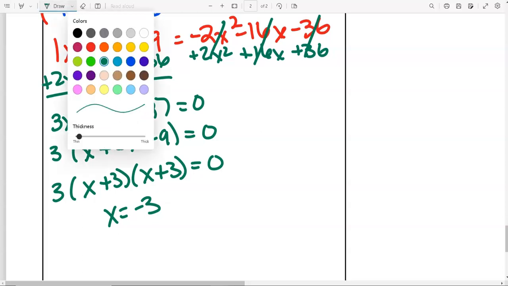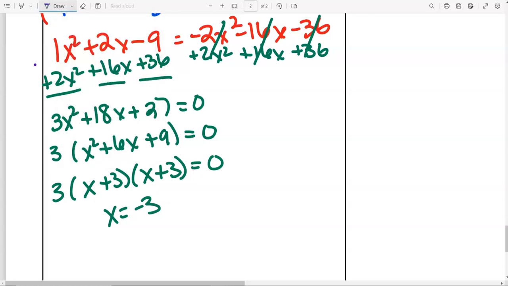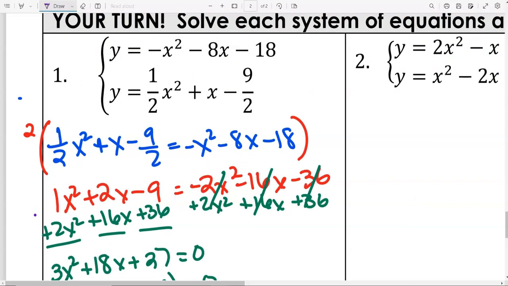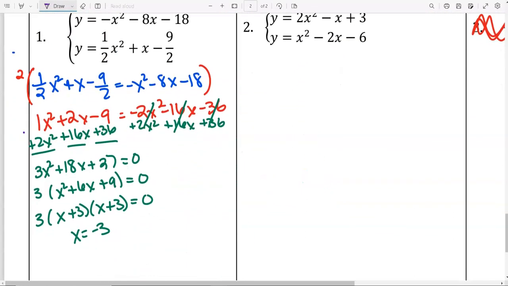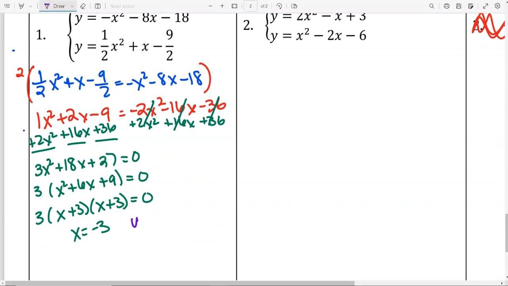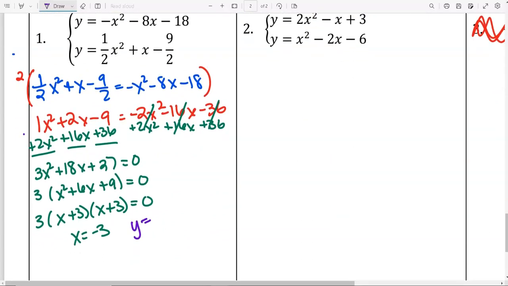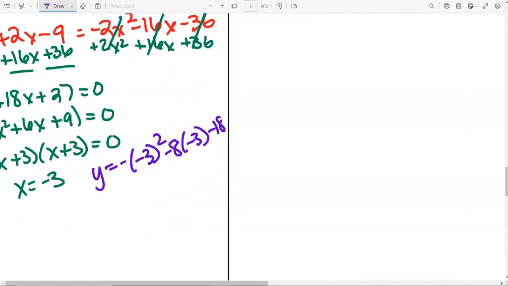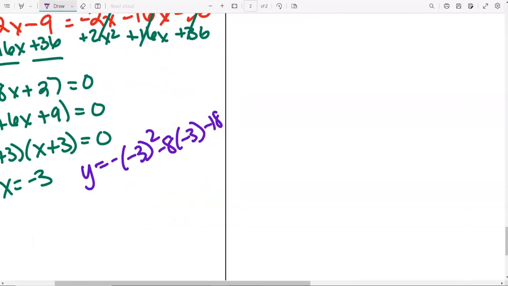We're going to take that and plug it into one of the original equations. How about the top one? So I'm going to plug it into y equals -3 squared minus 8 times -3 minus 18. -3 squared is 9.